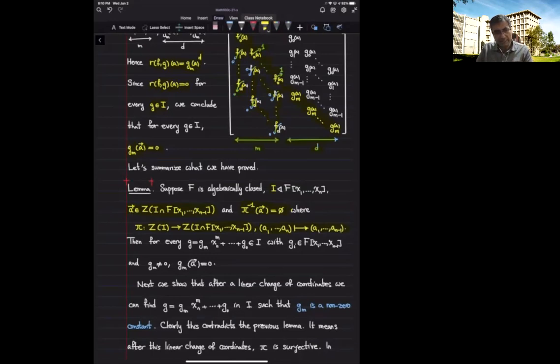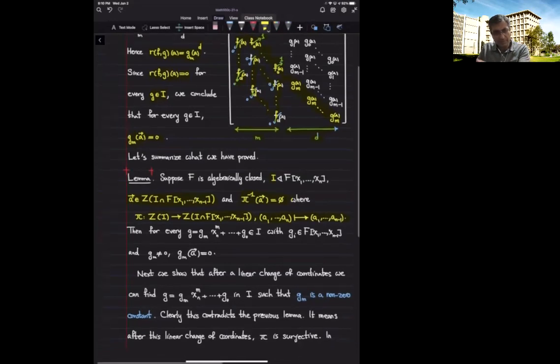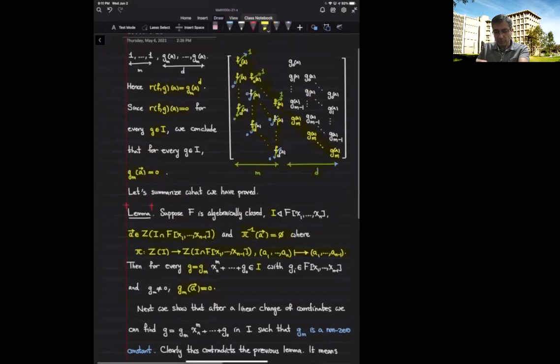If this is the case, then we proved that for every g that you give me inside the ideal, the leading coefficient evaluated at A should be 0. This is what we proved using the resultant and the function that, when evaluated, ends up giving us the constant function 1.